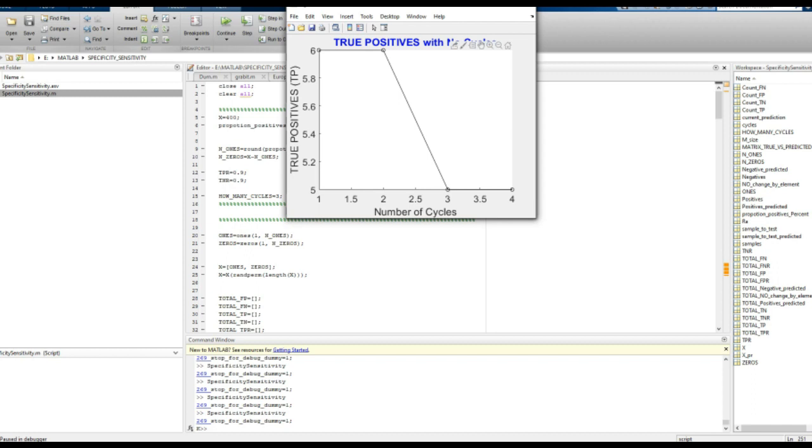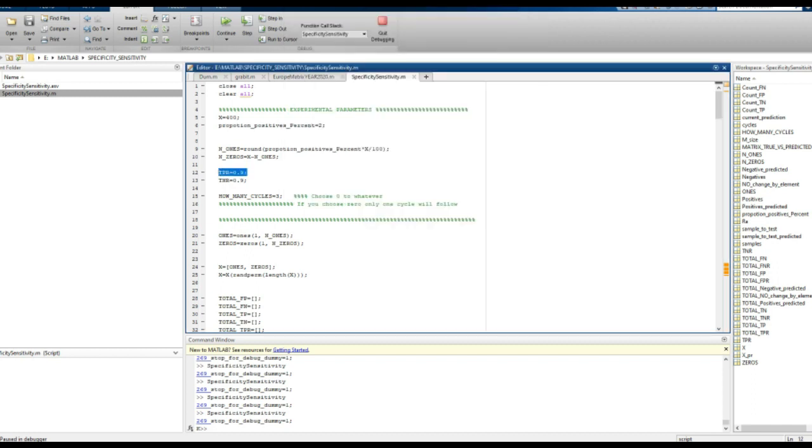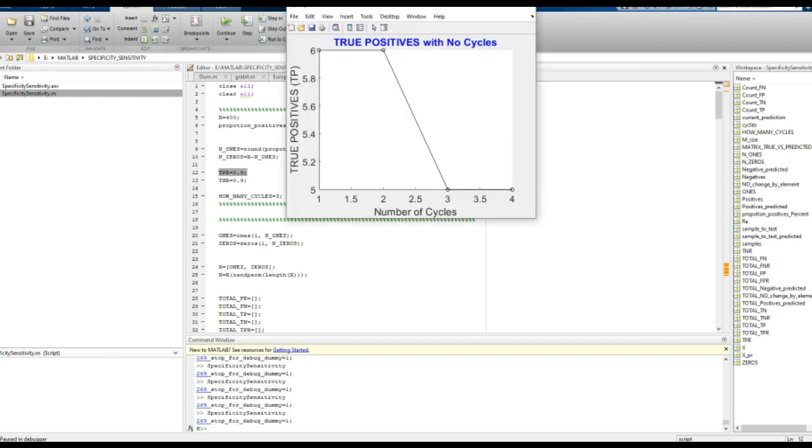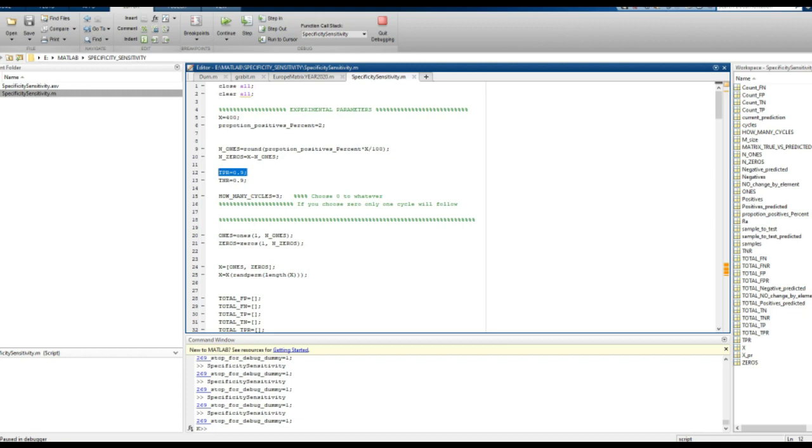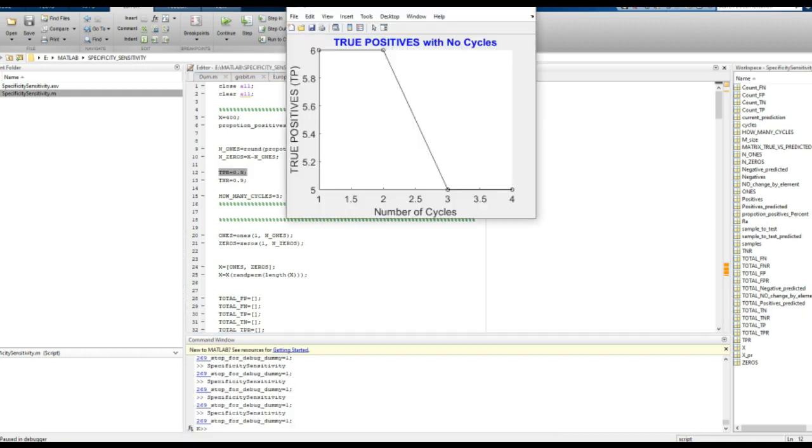So as we cycle, the better true positive rate we have, the fewer true positives we lose with cycling. So if you have a device that's very good in true positive rate, maybe it's okay to cycle 3 times.